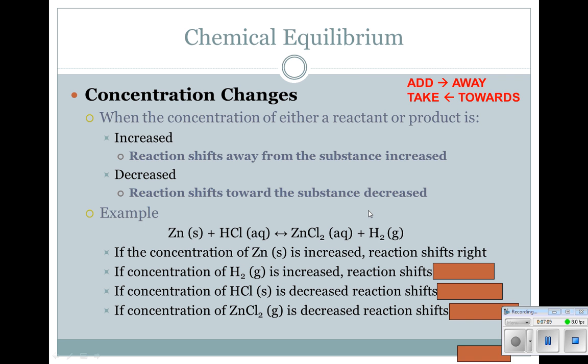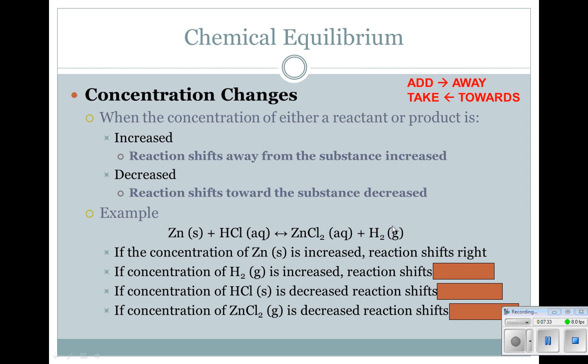So it's going to shift to the right side. So this is just if they ask you which way is the reaction going to shift, which reaction is favored, forward or reverse. So if it's shifting to the right, all that's saying is that the forward is favored. The forward is now going to be occurring faster than the reverse.